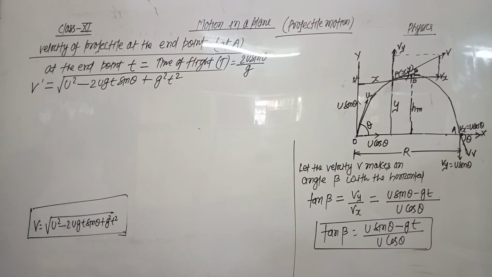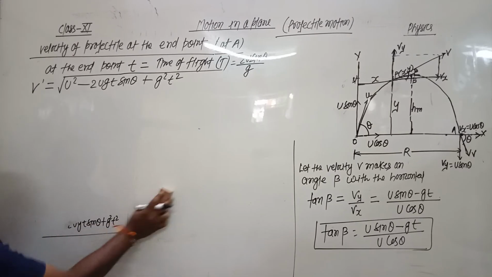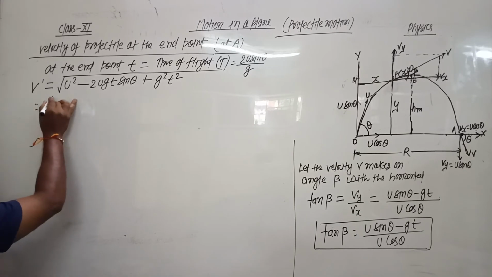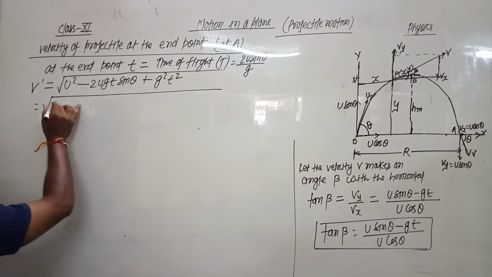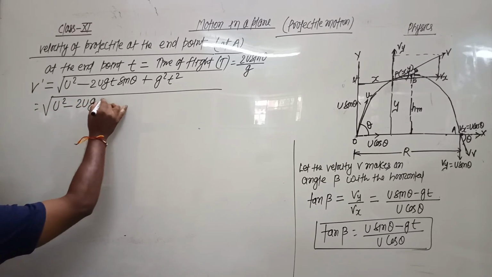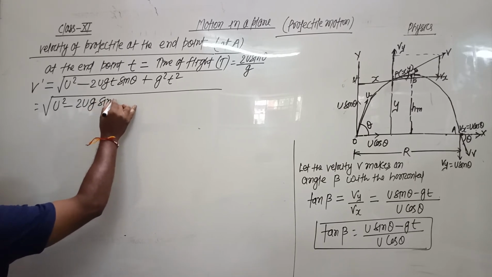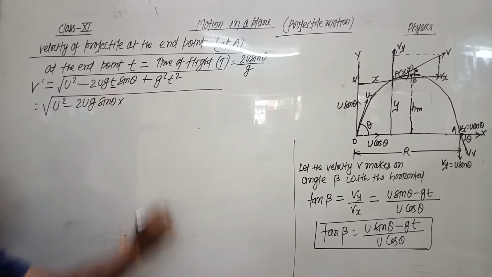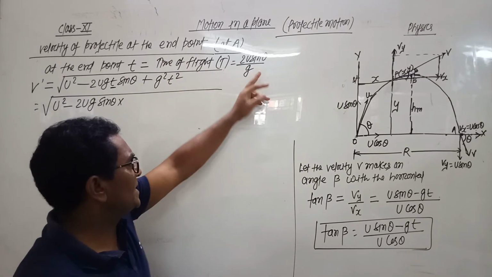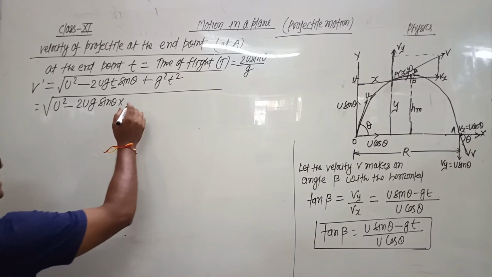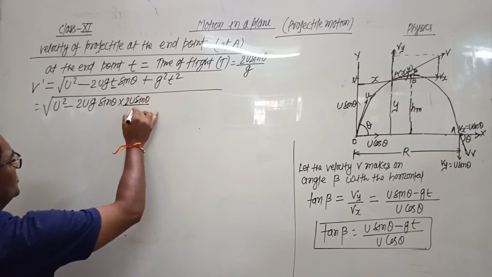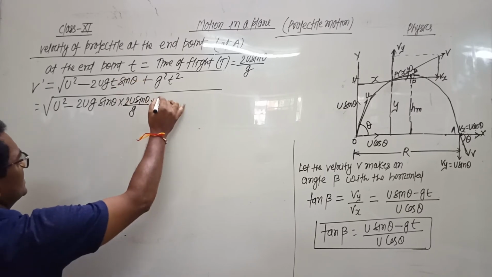This formula we use. So u square as it is, under root of u square minus 2ug sin theta, and the value of t. This t is equal to the total time of flight, capital T, and the value of this t is 2u sin theta upon g.